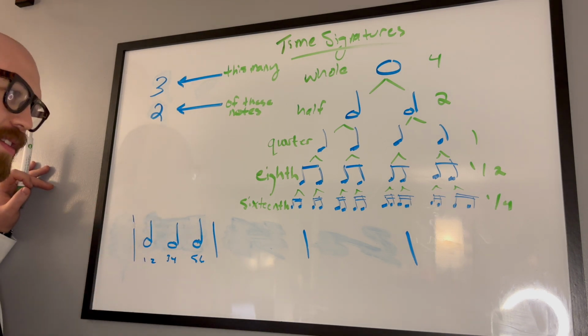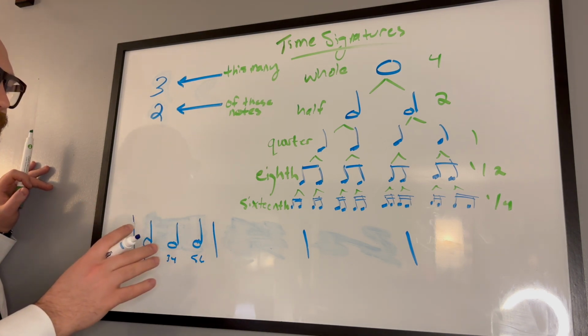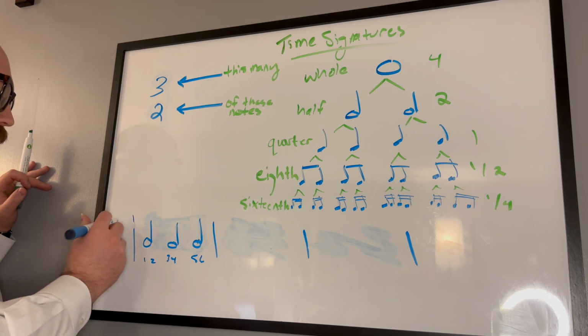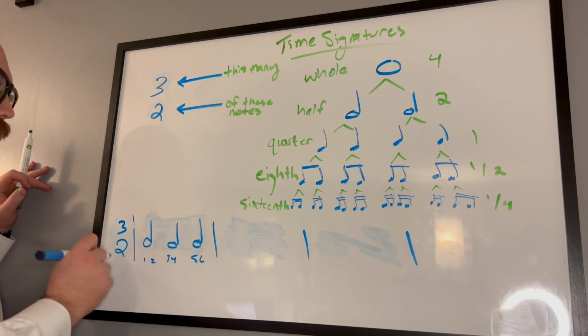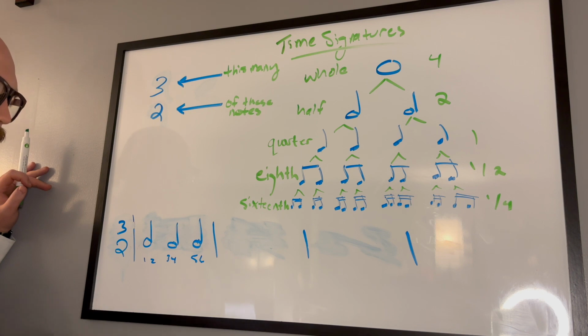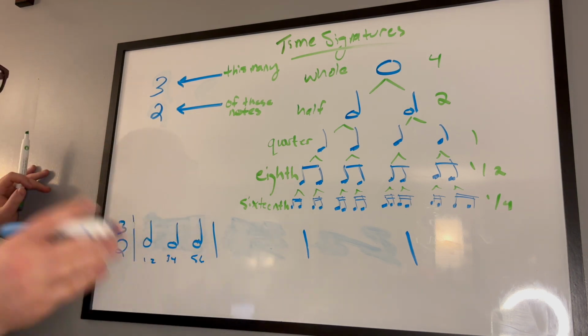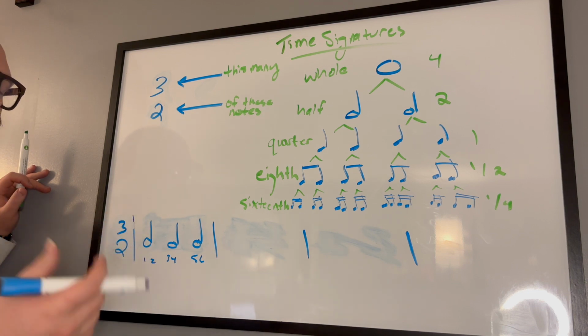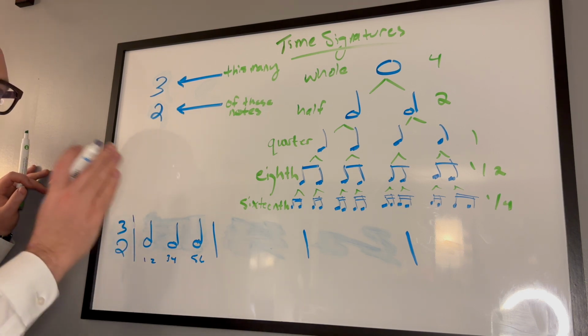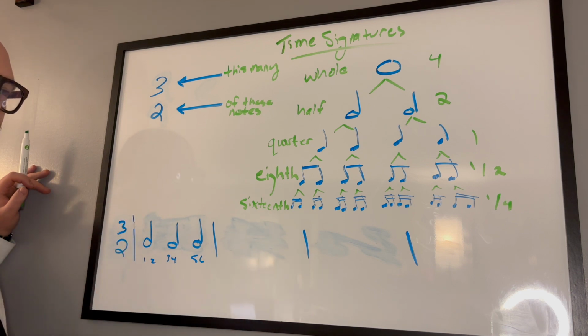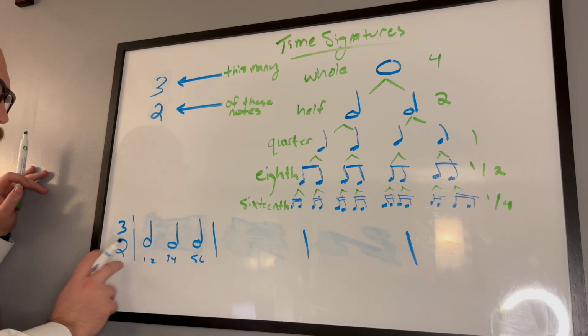But there is a difference because when you're counting, this note also decides what note gets the beat. So when I'm counting 1, 2, 3, 4, or 1, 2, 3, your numbers, your 1, your 2, your 3, is dependent on whatever your bottom note is here.